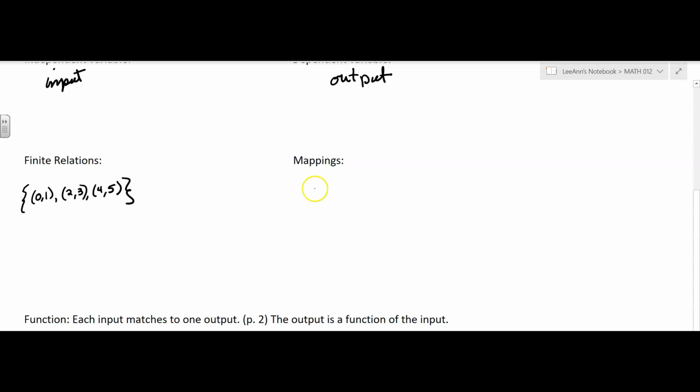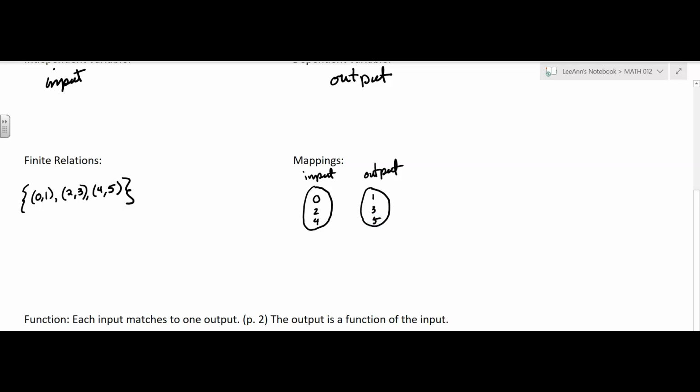In a mapping, we put one, usually it's an oval, sometimes I'll use rectangles, but one oval to represent the domain, or the input, and then another oval that represents the output. In this case, our input was 0, 2, and 4, all the domain elements, and the output was 1, 3, and 5, all the range elements.